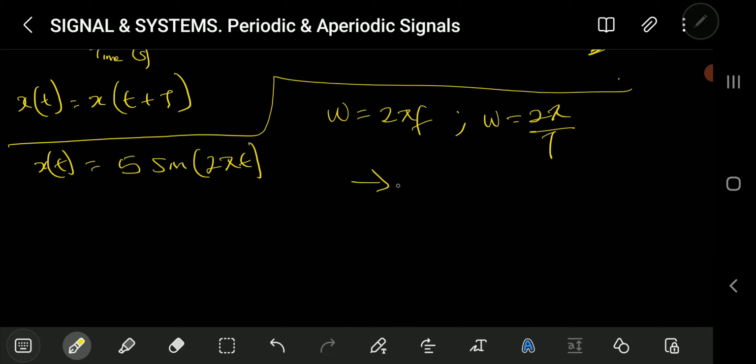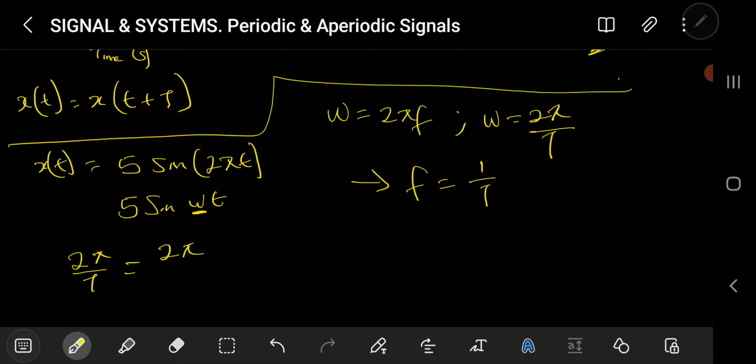Let me explain what I did here. We have f equals 1 over T, so if I replace f with 1 over T, we have 2 pi over T. Now, when you are asked to find the period, you take the value before the t, because what we have here is the same as 5 sine omega t. This omega is the same as 2 pi over T. So we say 2 pi over T equals 2 pi, the value before t.